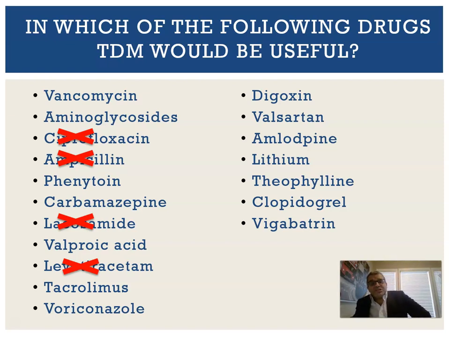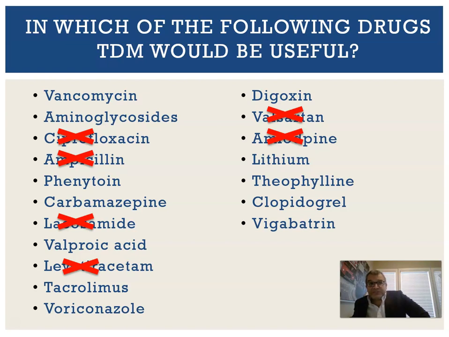But when you look at valsartan and amlodipine, you can measure the blood pressure so easily. So why measure valsartan and amlodipine concentration? So TDM is not useful here. Lithium has concentration-dependent adverse reactions. Yes, it's useful. Theophylline, the same. If you look at clopidogrel, as I just mentioned, measuring the concentration is not correlated with efficacy, so it's not useful.